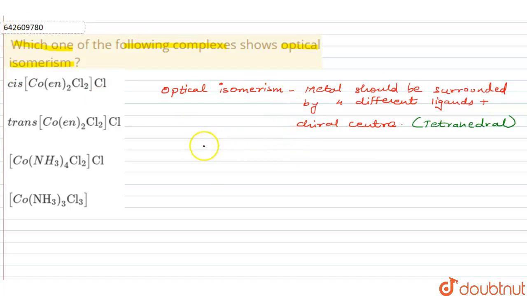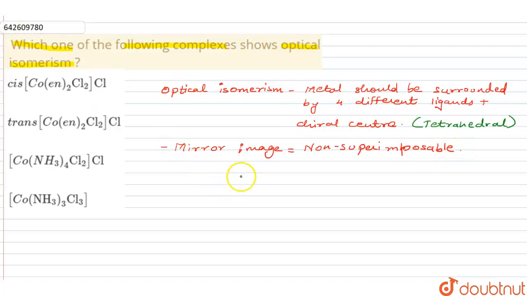Now the other condition is that the molecule or the species gives rise to a mirror image which is non-superimposable in nature. Now, what do you mean by this term?